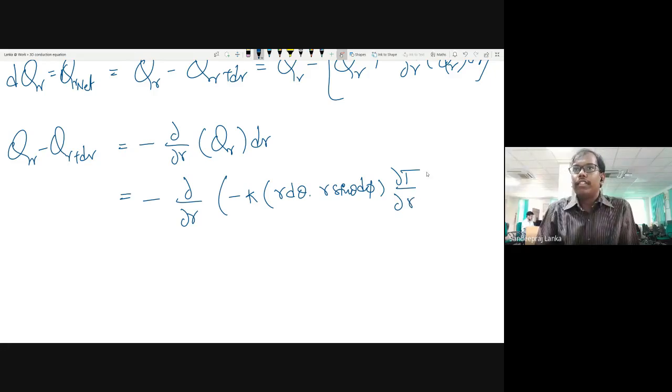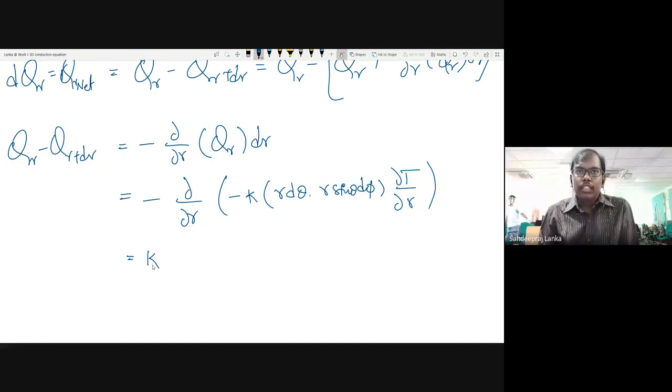Minus into minus will be plus, and K I can take out. Here r is there. This r I cannot take out because r is the variable here, so r will be inside. I'll take out the remaining part because what I want is K into dV here.